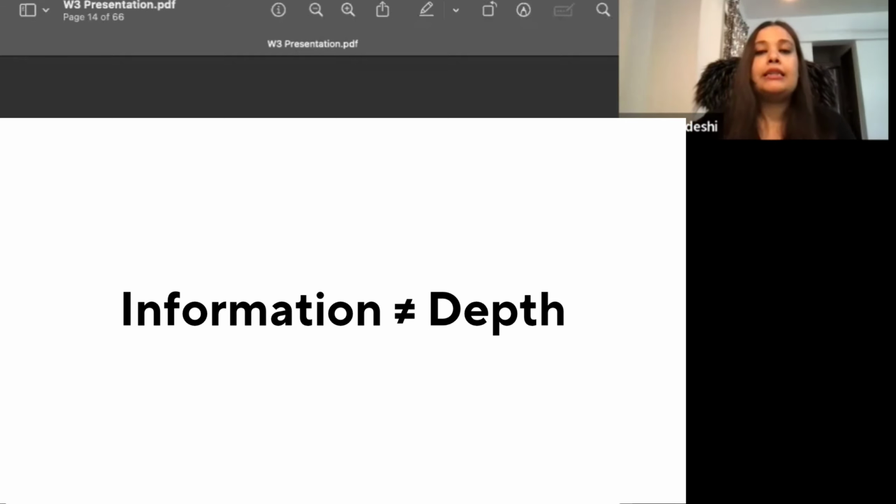But it is at the end still information, unless you really think about your characters and put them in scene and have them play out the scenes in different ways using different psychological techniques. Your characters will still feel flat, because just because you know enough information about your characters, or just because you feel you've conveyed enough information about your characters to the readers, it is not going to create depth.